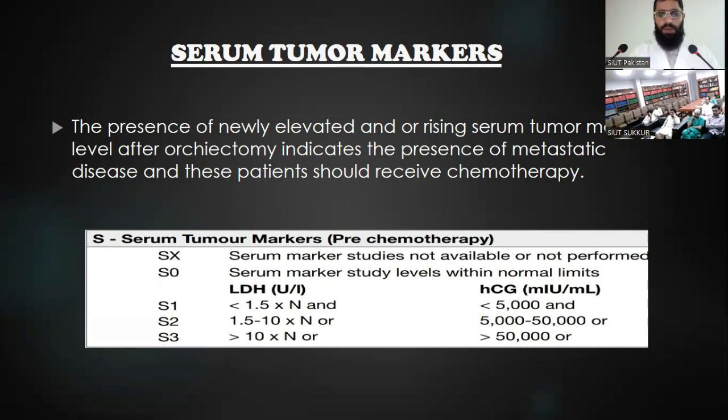S2 is LDH 1.5 to 10 times normal, or beta HCG 5,000 to 50,000 milli international units. S3 is LDH more than 10 times normal, or beta HCG more than 50,000 milli international units.